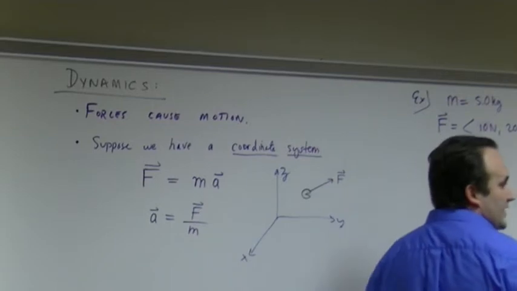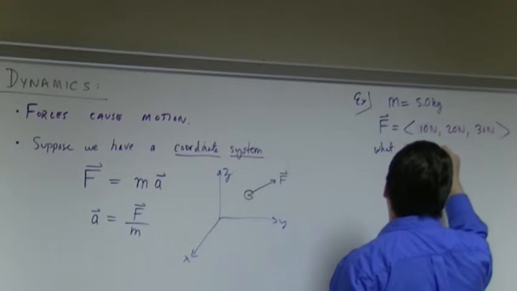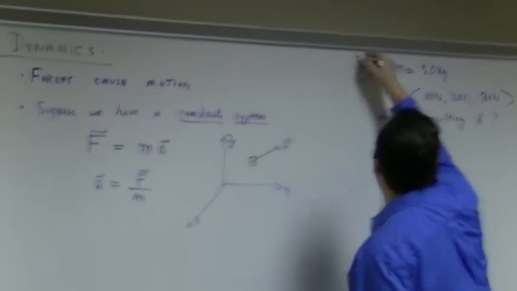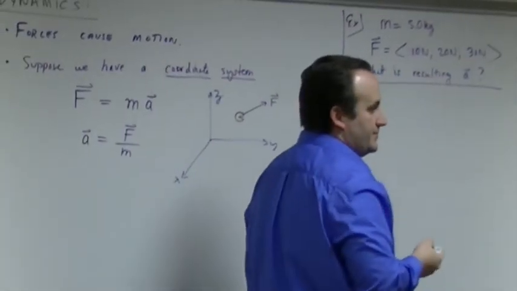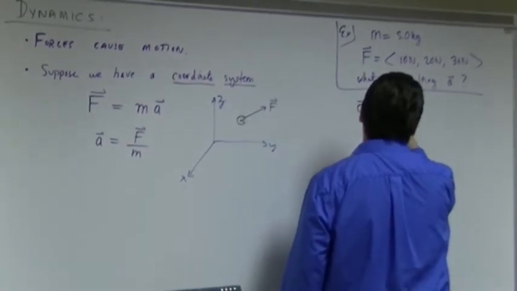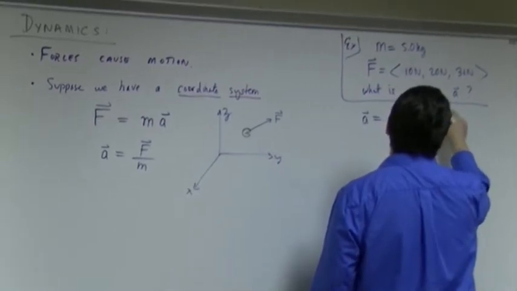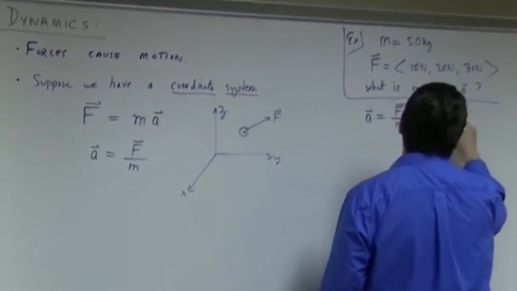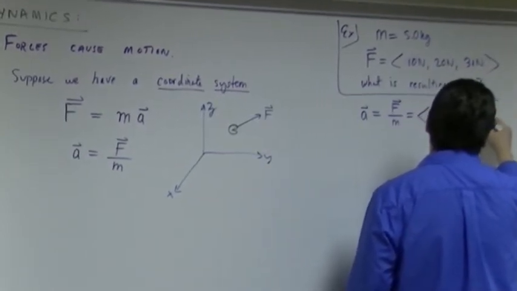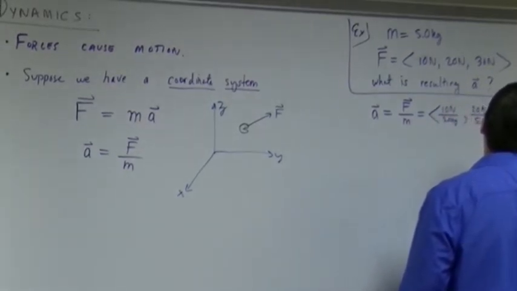You apply that to the mass, what's the acceleration? Okay, so what we do is say the acceleration is equal to the force divided by the mass. So that gives me 10 newtons over 5.0 kilograms, 20 newtons over 12.0 kilograms, 30 newtons over 12.5 kilograms.